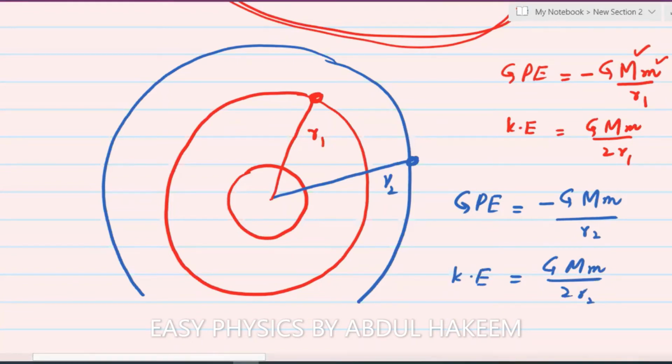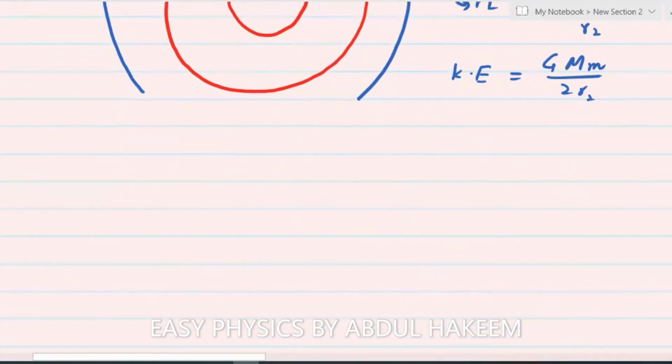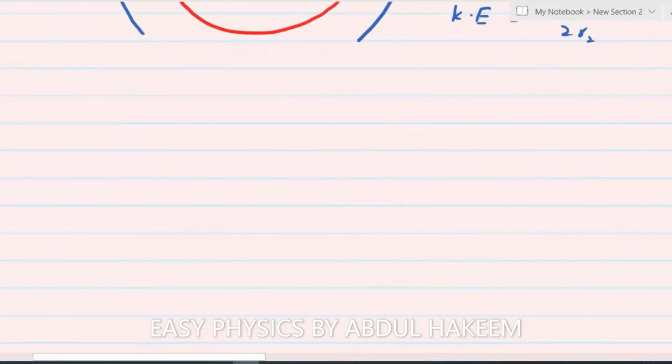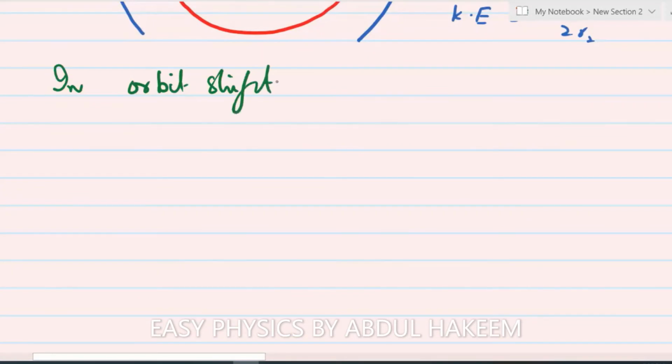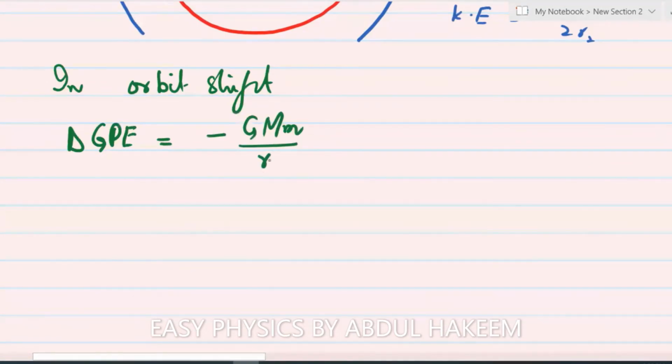Now, when the satellite shifts orbit, suppose it is going to the lower orbit. When this satellite goes to the lower orbit, there will be a change in its gravitational potential energy. So in the orbit shift, delta gravitational potential energy will be minus GMm over R2 minus (minus GMm over R1).